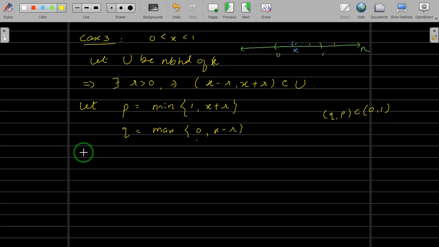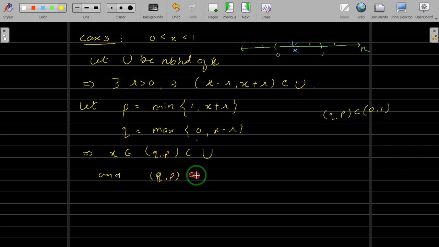Okay, this implies x belongs to (Q, P), of course, which is contained inside U, because (x minus r, x plus r) is in U. You are taking the minimum and maximum, so it will be in U. I should write Q comma P, otherwise that would be a negative and a positive number.